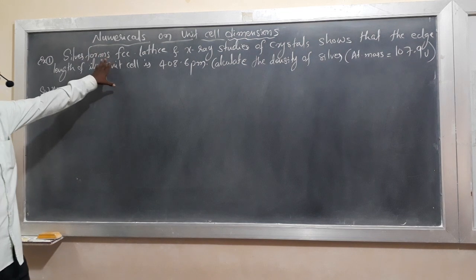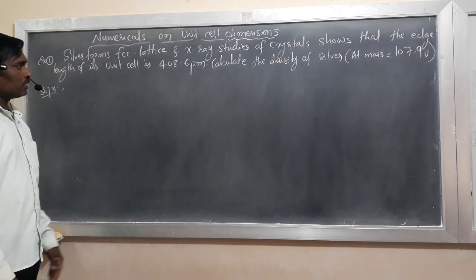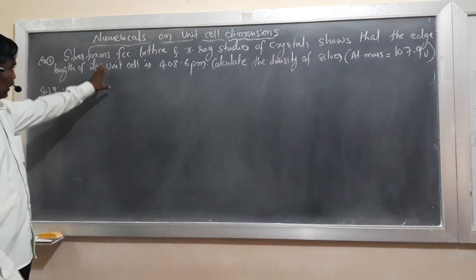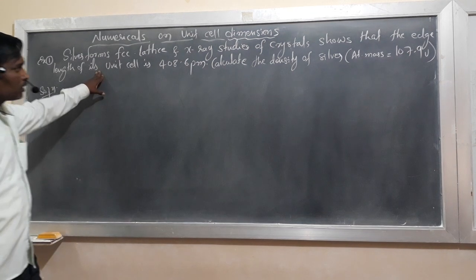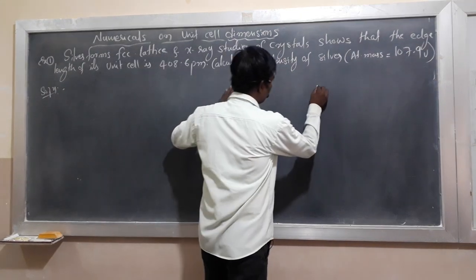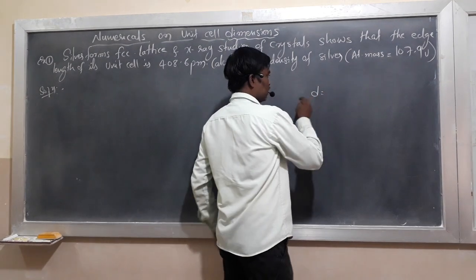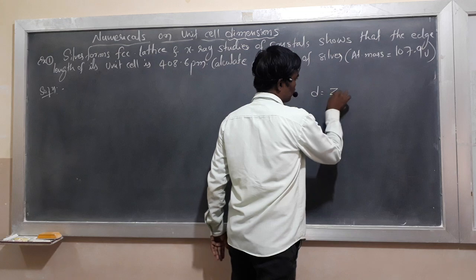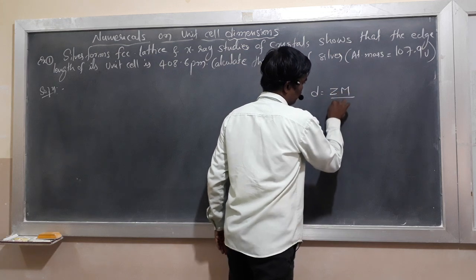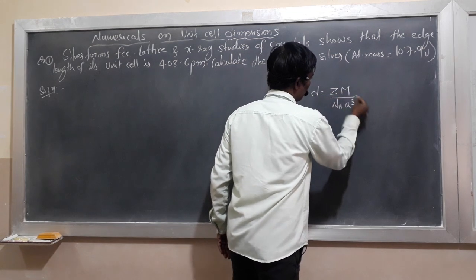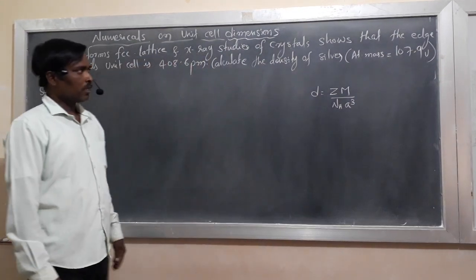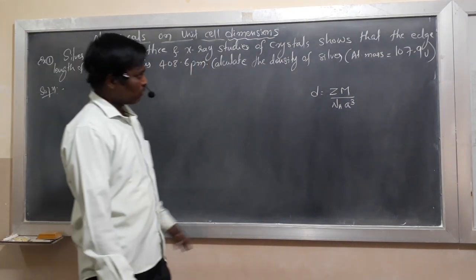I am calculating here the density of a unit cell. If the other parameters are given, the density is defined as D equal to Z into M divided by NA into A cube. This is a formula that we already derived in my previous video.